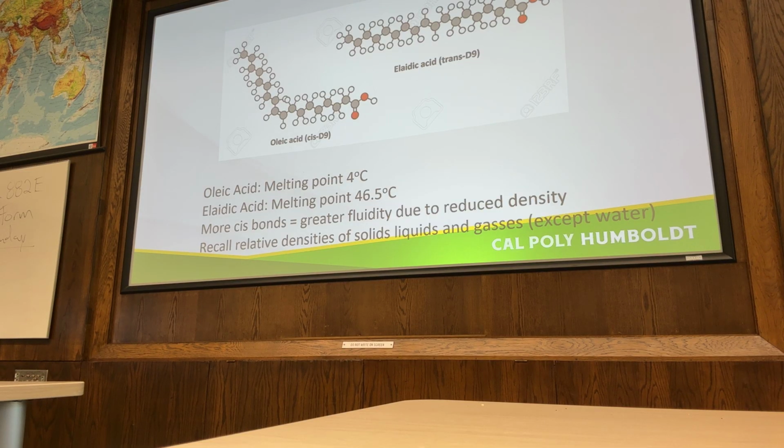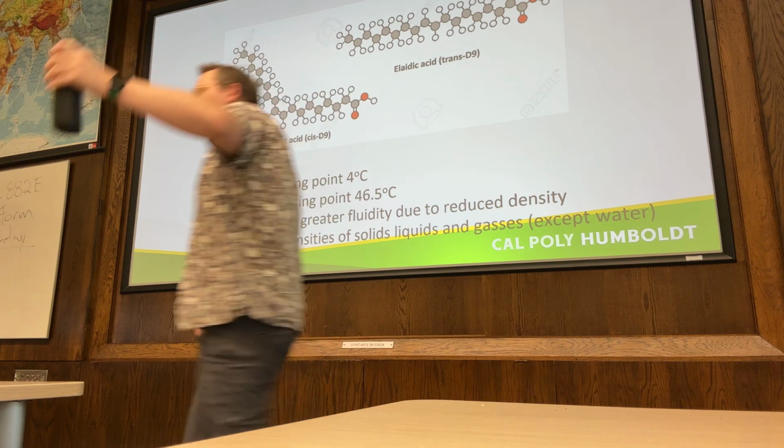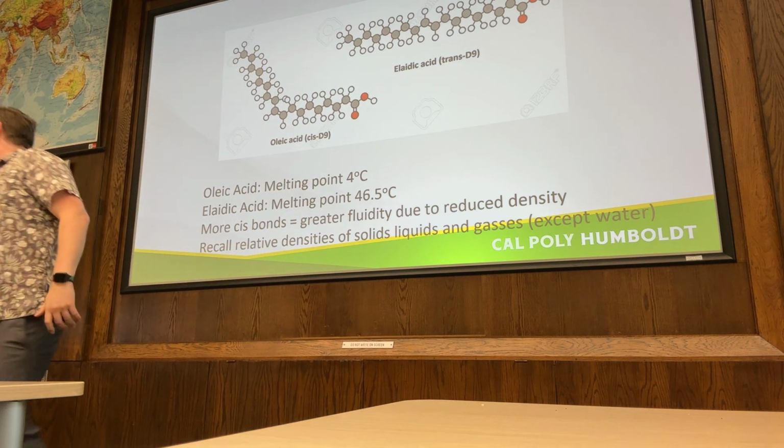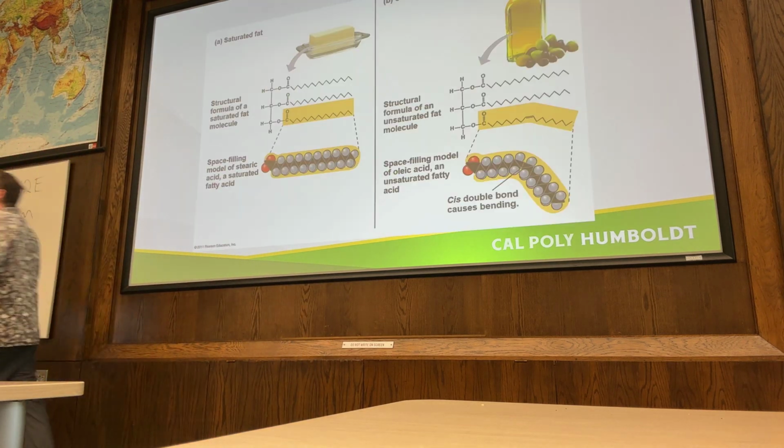With these bonds, it's showing only one double bond, but can there be multiple double bonds? Yes, 100%. That's the real additional complicating factor here: all of these chains can be different lengths.